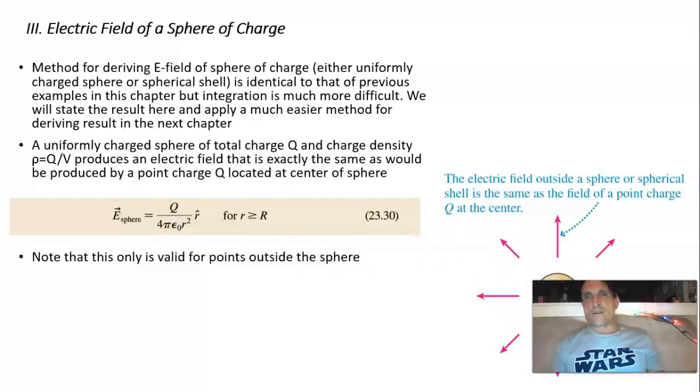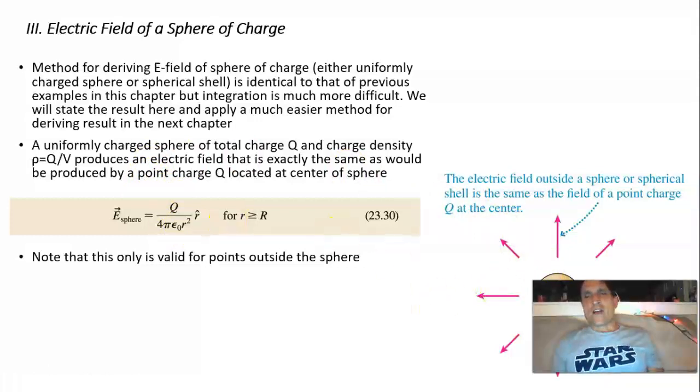So suppose you have total charge plus Q distributed over the sphere. So that would be a charge density rho, Q over volume. The solution of that is Q over 4 pi epsilon naught r squared, or kQ over r squared.